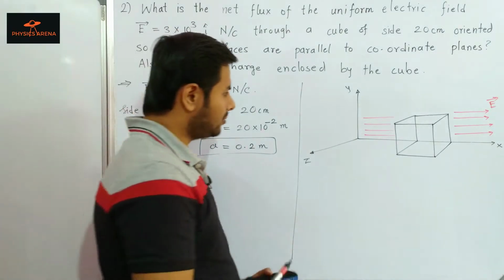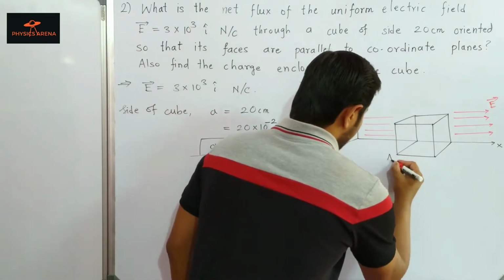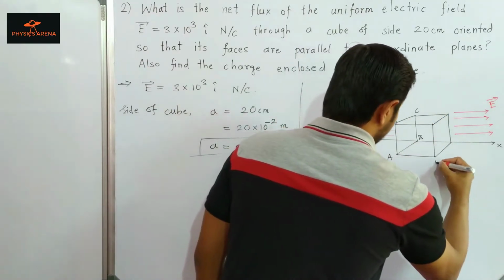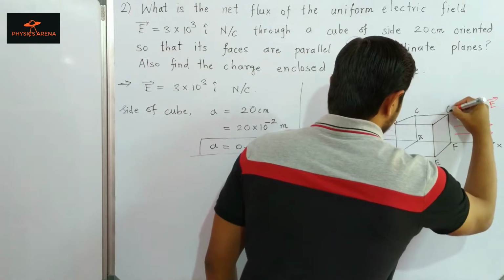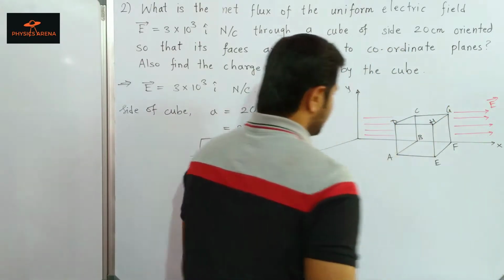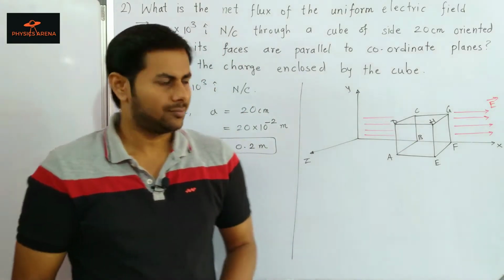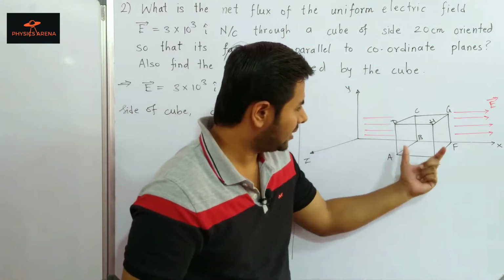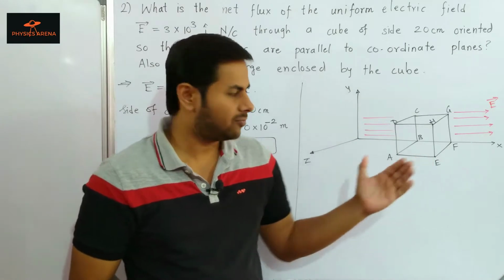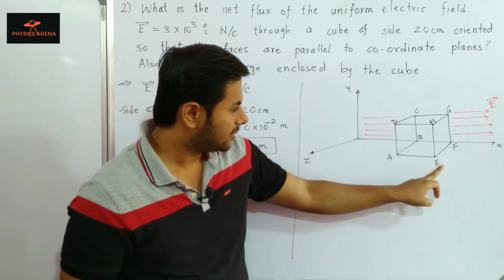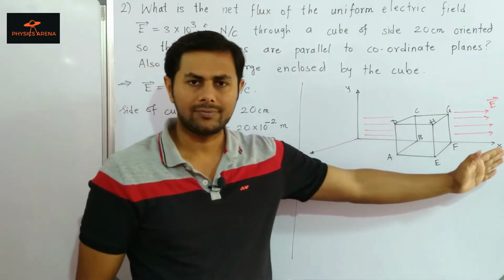Now let's name the cube. So it is A, B, C, D and E, F, G, H. So we can see that the electric field lines will pass through the face ABCD and face EFGH only.